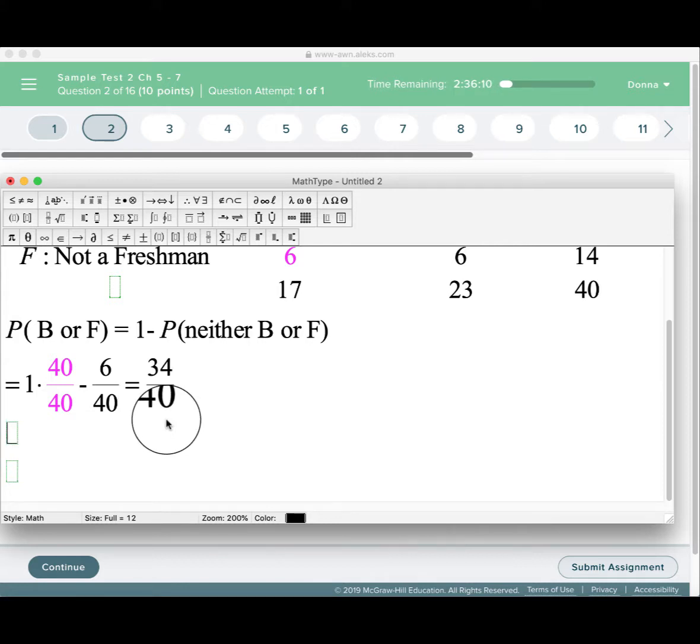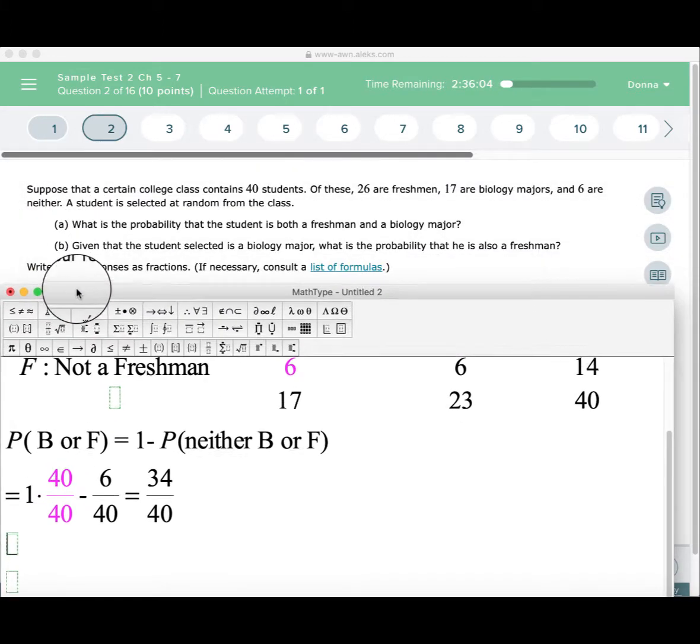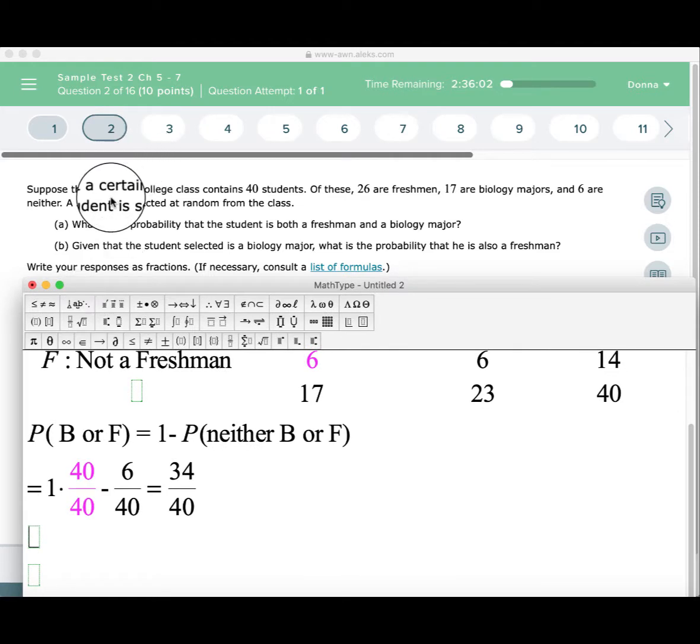All right, so now let's go out and do the original problem. Suppose again that we have a certain college that contains 40 students, 26 are freshmen, 17 are bio majors, and 6 are neither.